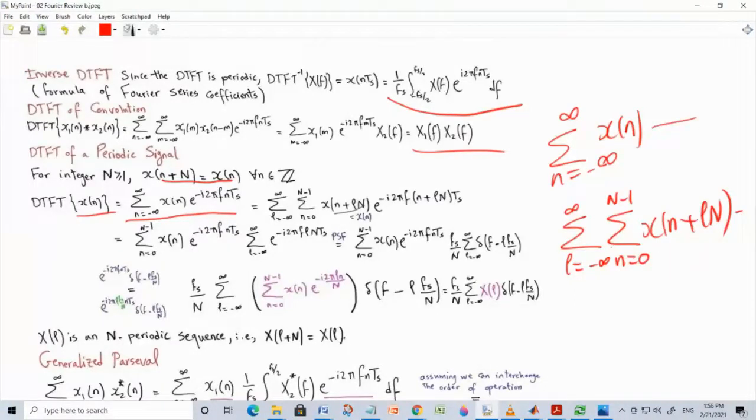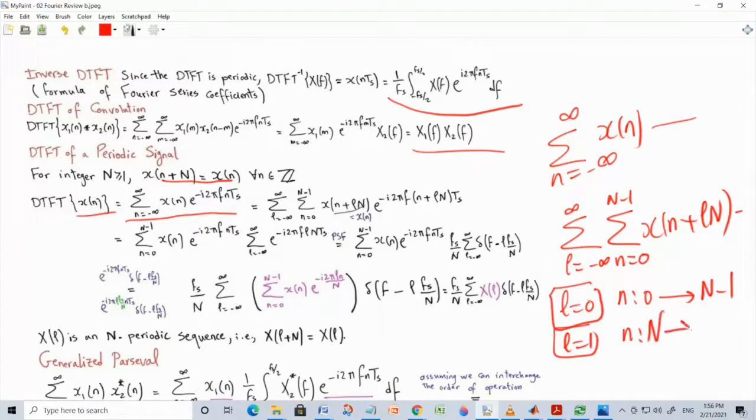So are these two things equivalent? Yes, let's see. If big L is equal to 0, then small n runs from 0 to big N minus 1. What if small L is equal to 1? Then this term becomes big N, and then you add small n, which goes from 0 to big N minus 1.